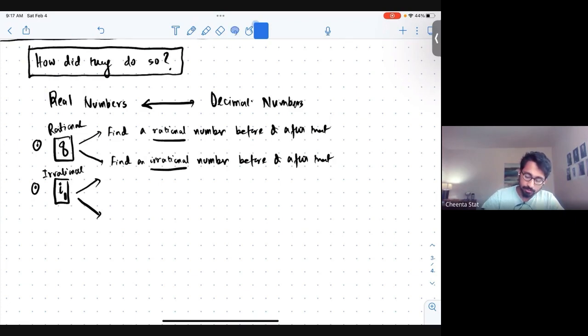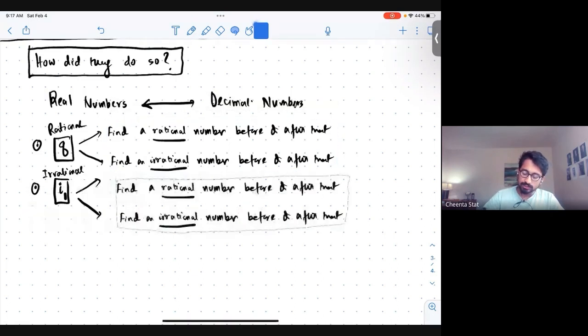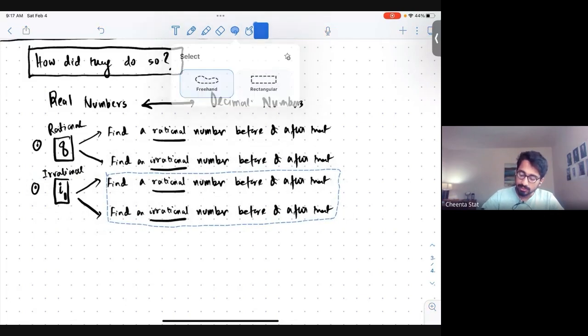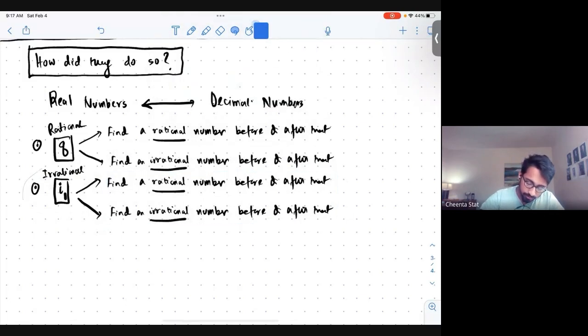This is a very interesting property, and we'll see why. This is the structure of how rational and irrational numbers are related to each other, and that will lead to different concepts.